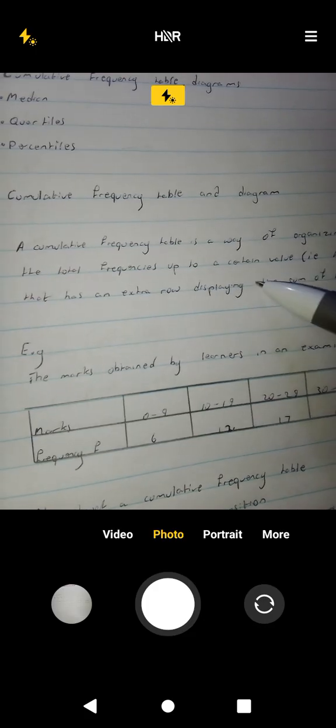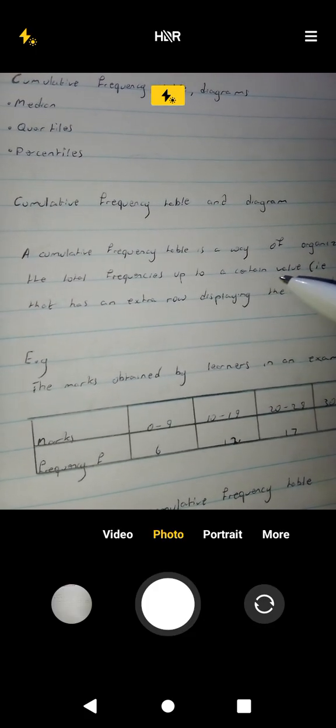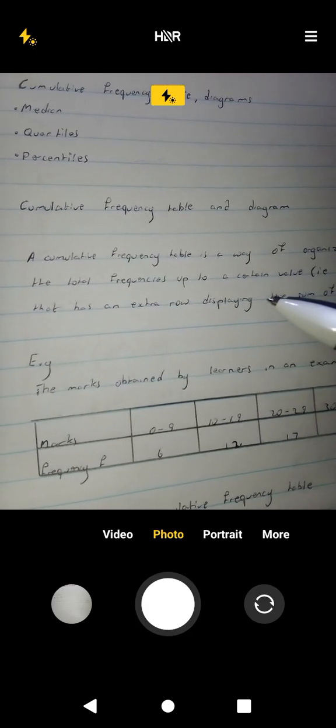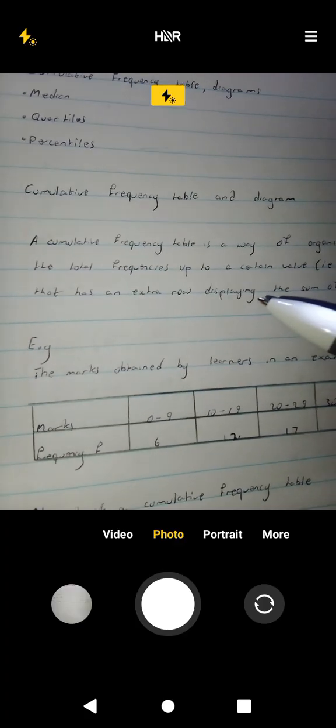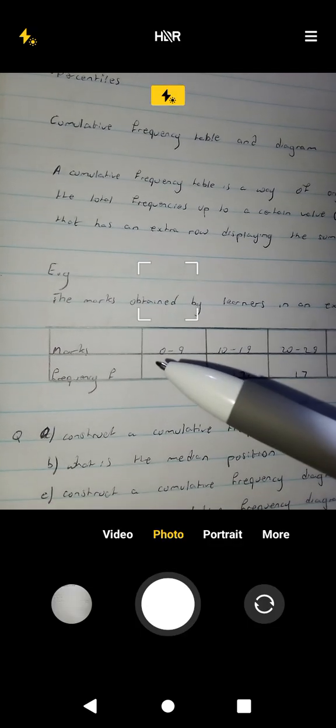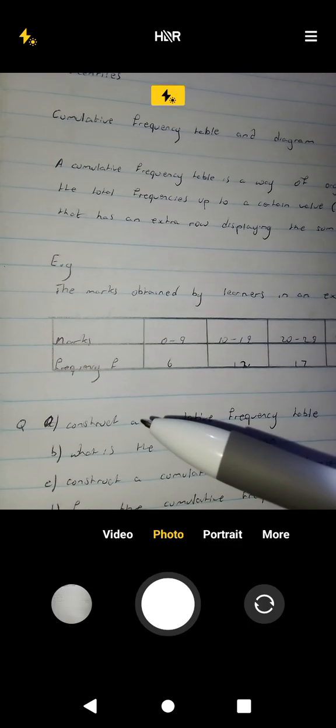The extra row is there to count the frequencies, but we shall get to that and visualize it shortly. So we have an example of a cumulative frequency table.